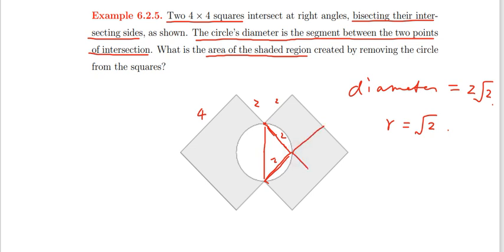We should have some overlap, so the total area equals this square, 4 times 4, plus 3 of the small squares, each 2 times 2, then minus the circle, pi r squared, pi times 2.